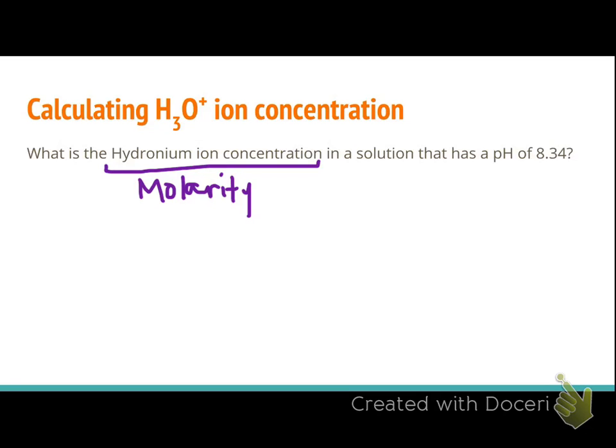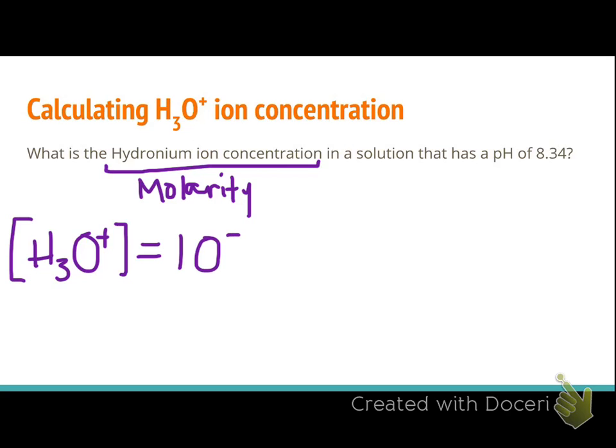So we're going to have units of molar on this. So when you are given the pH, our H3O plus concentration equals 10 to the negative pH. That's your equation.